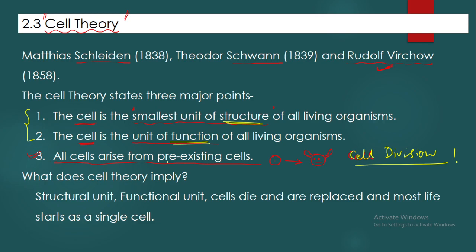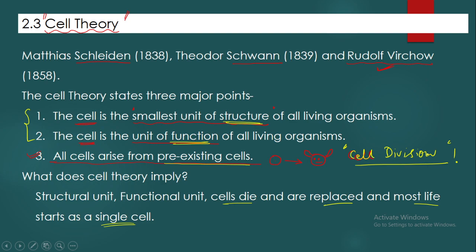Based upon this cell theory, what we know is that the cell is a structural unit and a functional unit, and also that cells will die and they are replaced. Most life may be starting from a single cell. So with this cell division concept, if we keep on going backwards, some cell is coming from the cell that was before it, then that cell from where it came, then that cell from where it came.